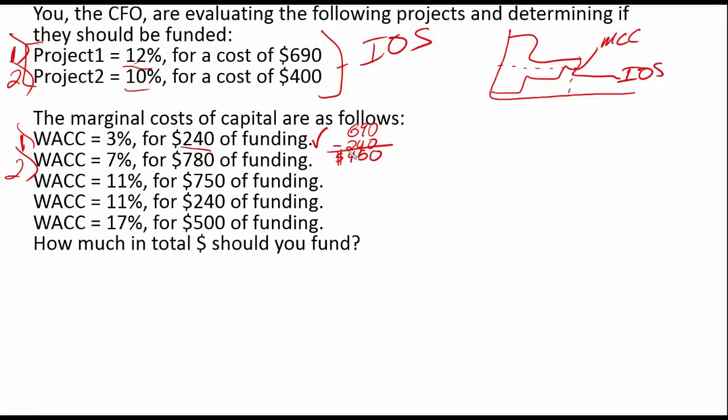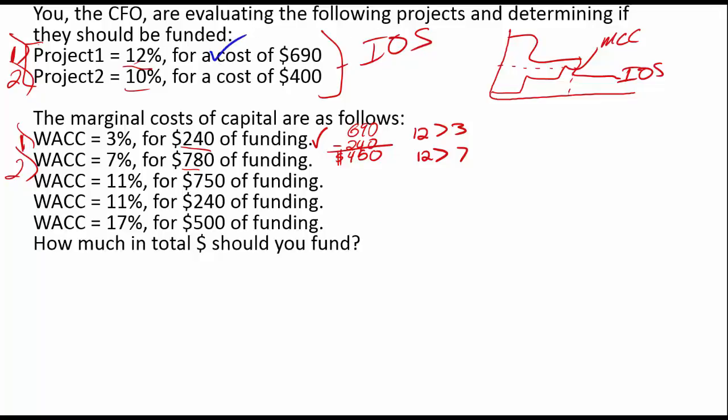Okay, so we're now going to look at the amount here at the 7%. Are we going to borrow that money at 7%? Yes, because, and I'll put that over here, 12% is greater than 3% and 12% is greater than 7%. So yes, we're going to use these funds, but we don't actually end up using all of them. So project 1 is a go.